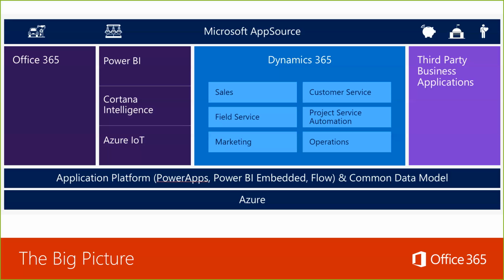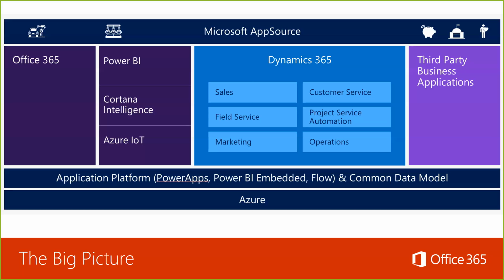Now, this is important because as we look to the future, the Microsoft goal is not to create a monolithic platform that does everything, but instead, the goal is to create granular applications targeted at key features or key use cases, and connecting one app with the other on a common data platform, and keeping a modularized set of applications for both Microsoft officially supported applications as well as third-party business applications.